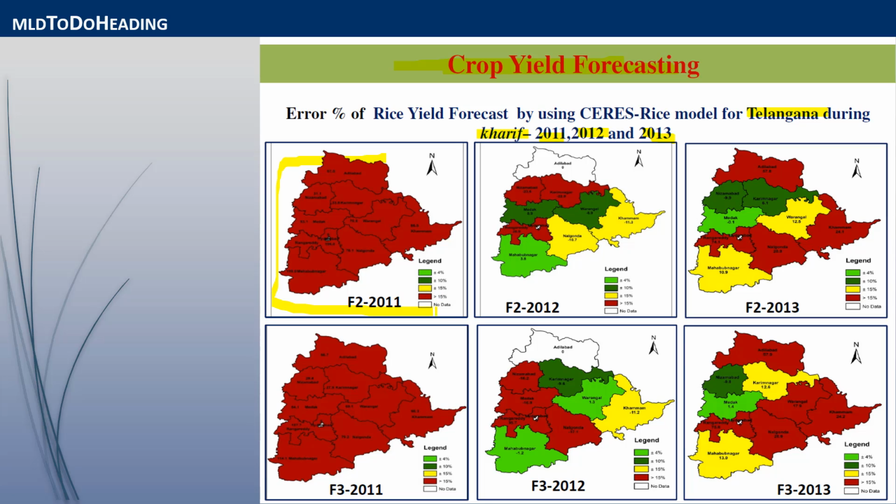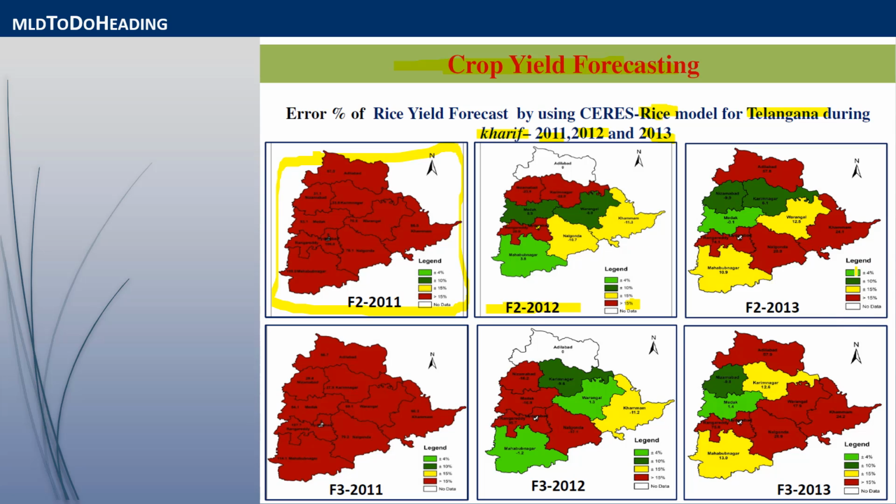In this chart all the color is red, meaning the yield is greater than 15%, and for the year 2012 if we plant our rice here, only above 50% is these regions.